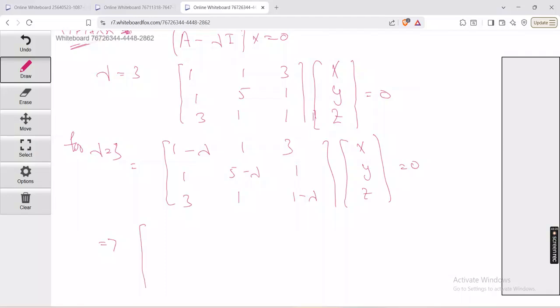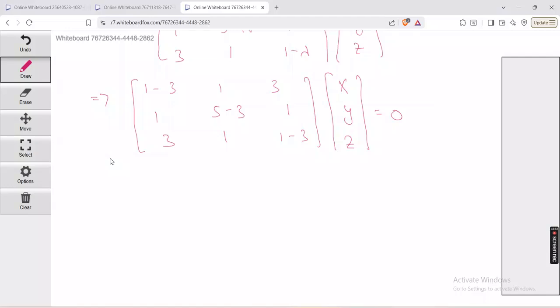So just put the value of 3 now: 1 minus 3, 1, 3, 1, 5 minus 3, 1, 3, 1, 1 minus 3, and you have x, y, z, which is equal to 0.